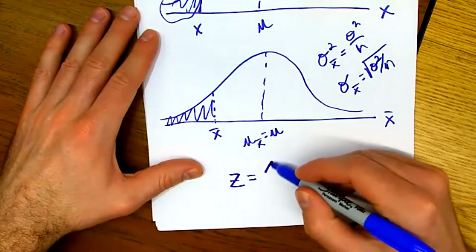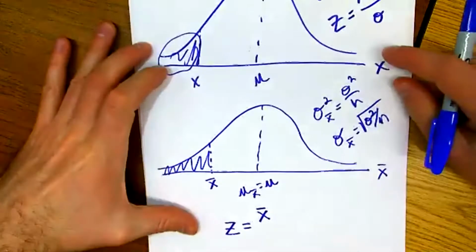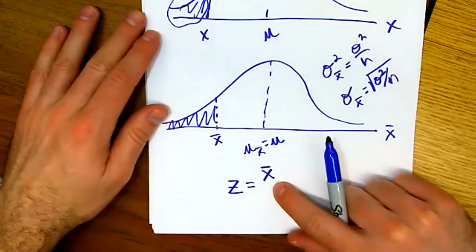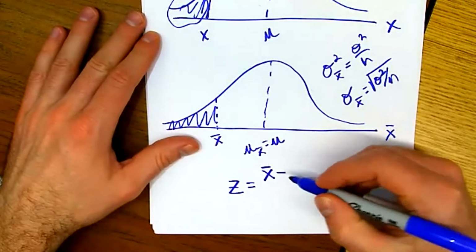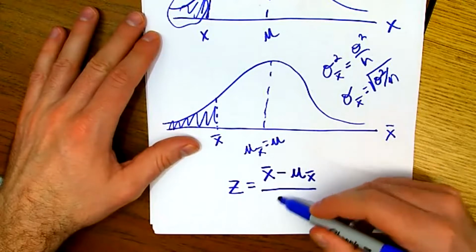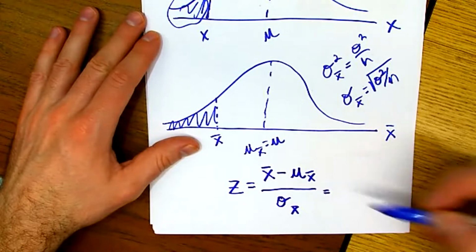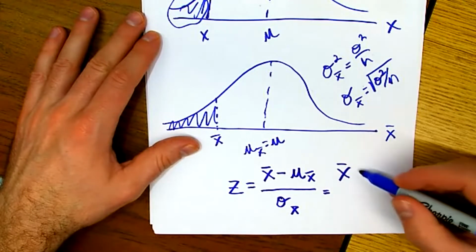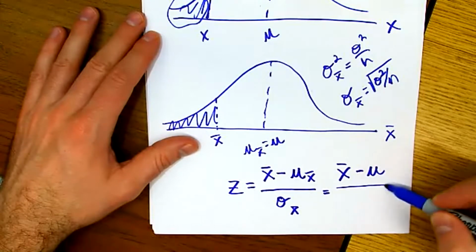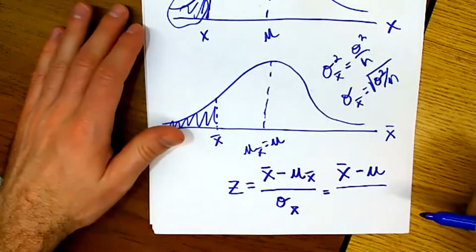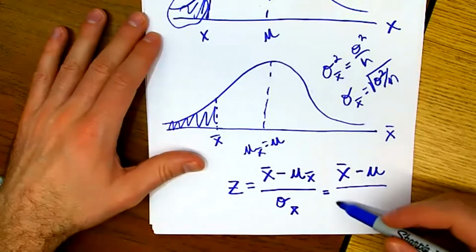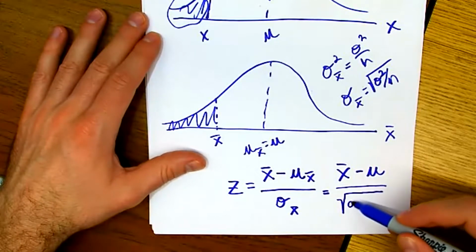However, now instead of looking at some value for x, I'm looking at some value for the sample mean. And now I'm subtracting the mean of my sample means and dividing by the standard deviation of my sample means, which if I write this out, the mean of my sample means is always just whatever the mean of the original data I sampled from was. And the standard deviation, we have an equation right here for it, so I could plug that in.